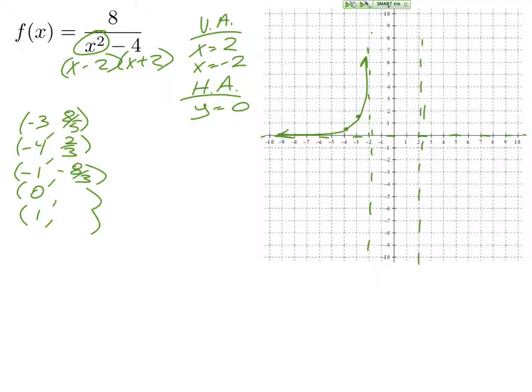So -8/3, what two numbers is that between? -2 and -3. Somewhere in there. If I plug in 0, that gives me 8/-4, which is -2. And then when I plug 1 in there, that gives me -8/3 again, right? So that should be right there.